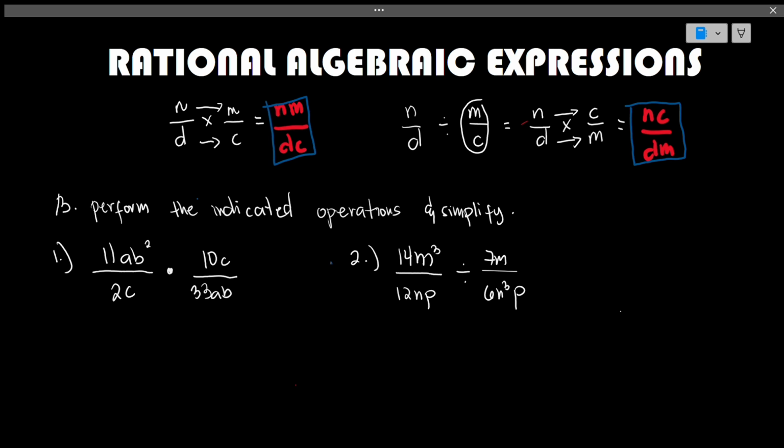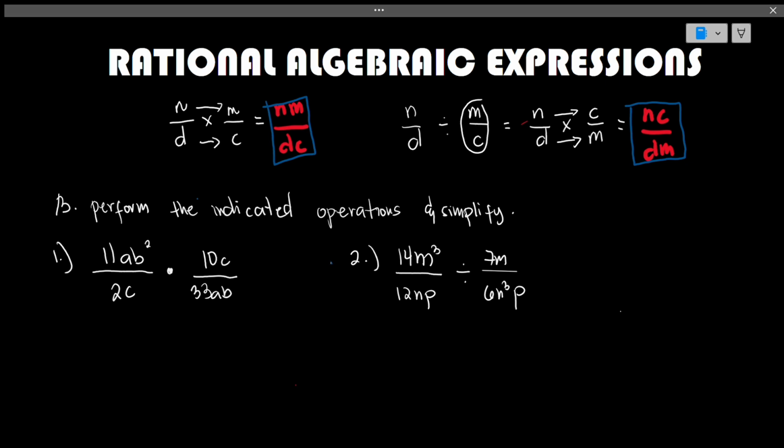In this case, we can start simplifying our rational algebraic expressions before we apply the indicated operations. We can start canceling out their common factors, their GCF, so that the moment we apply the multiplication or division, we will not be dealing with larger values.